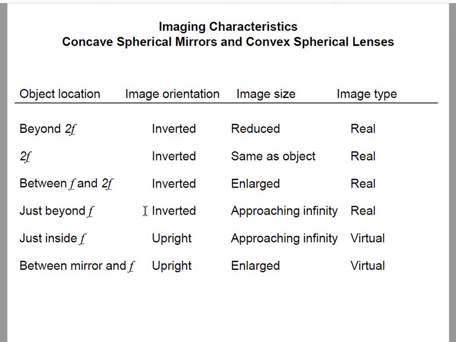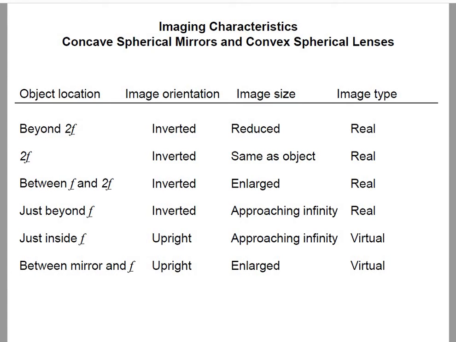Okay, now as the object moves just across the focal point, it's getting bigger and bigger and bigger, but here, just inside of F, the image moves to the other side of the lens, and it's an upright virtual image, and it's going to be enlarged. Okay, so between the mirror and F, it's just upright and enlarged.